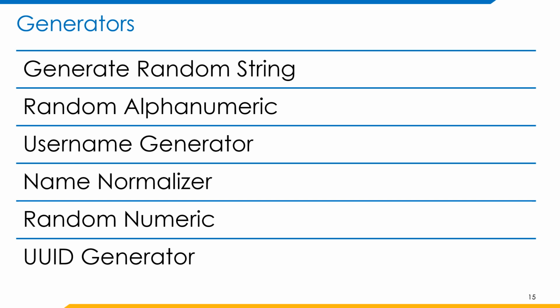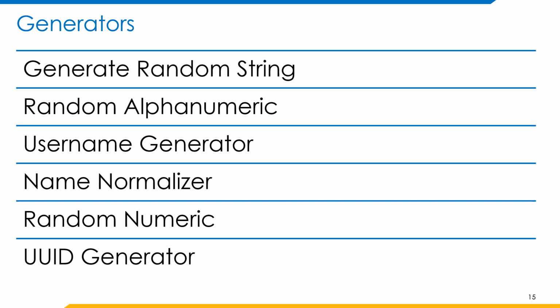Username generator. This sets the logic to use when determining a unique value for an attribute in an account create profile. Utilizing this username generator transform, the logic of the generator can be based on combining elements of an HR record or the username. Name normalizer.